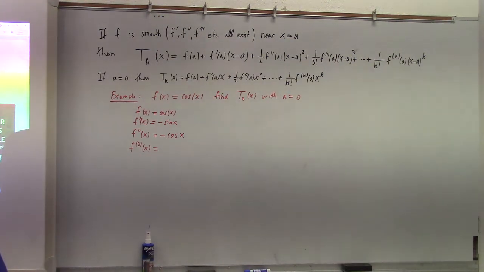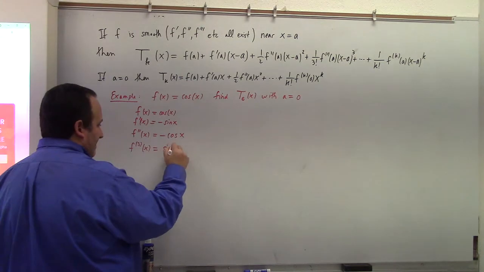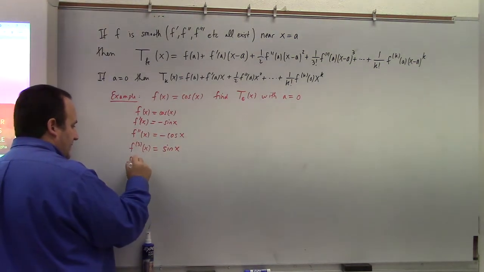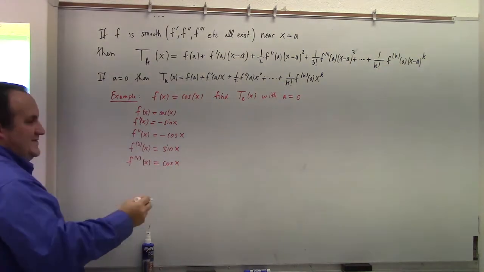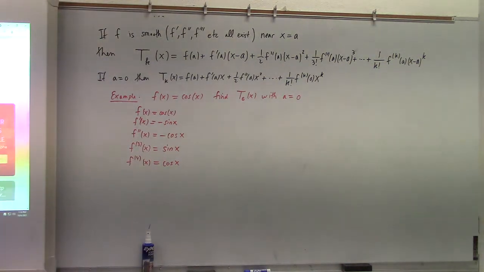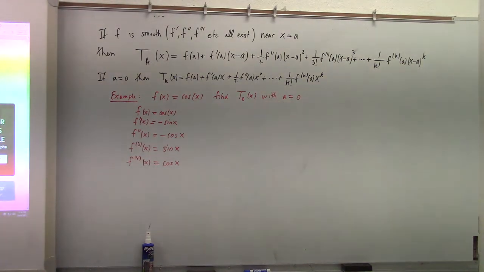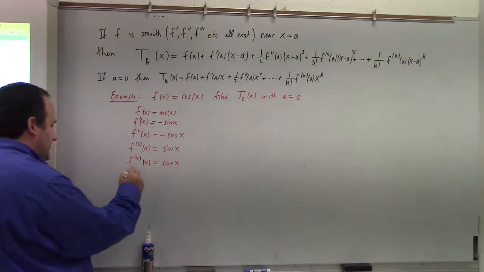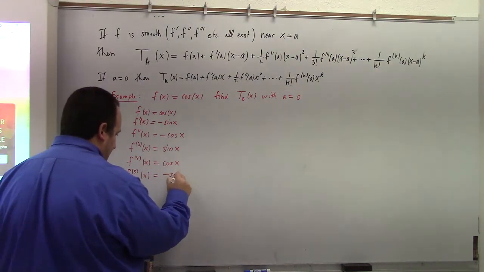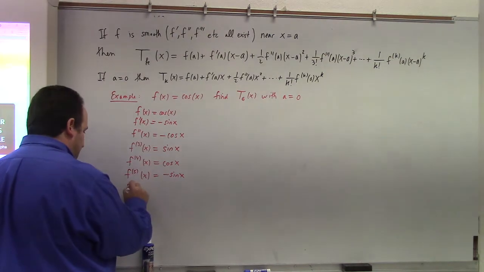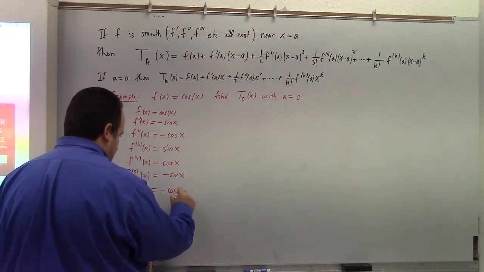Minus sine, so minus gives me sine. Then f4, oh look, we're back where we started. And it just keeps doing this cycle of answers as you keep differentiating. The next one is minus sine x, and then you've got the sixth derivative, which is minus cosine x.